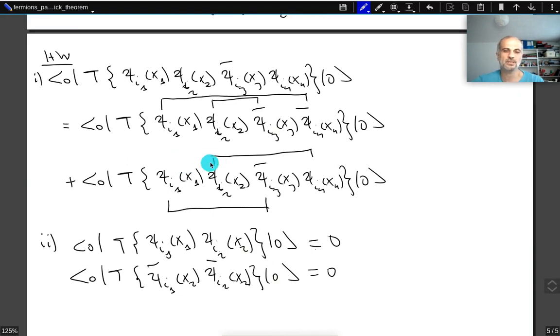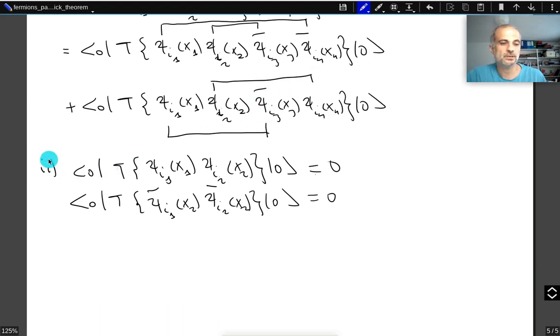fermions also. Also pay attention to the fact that I keep the ordering fixed, so we can go one more step.